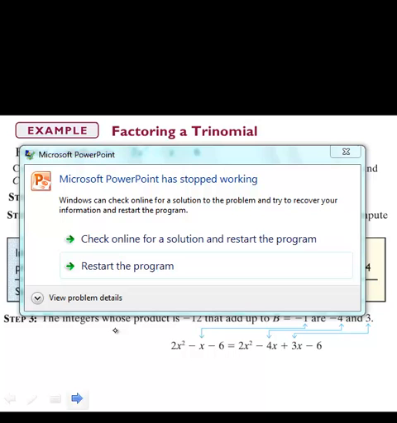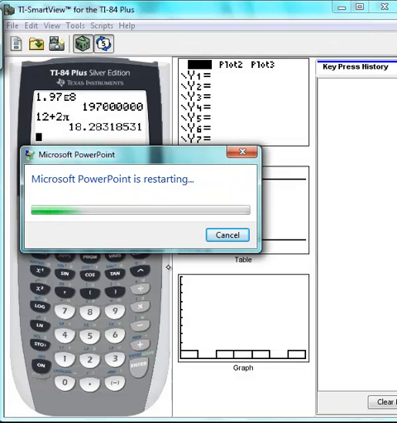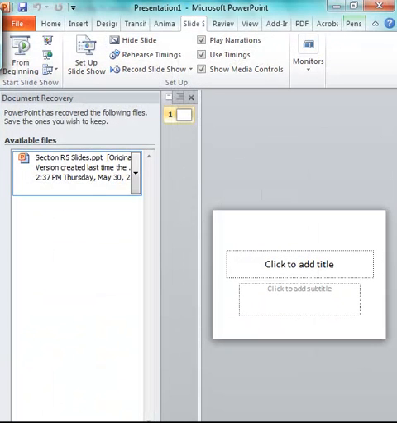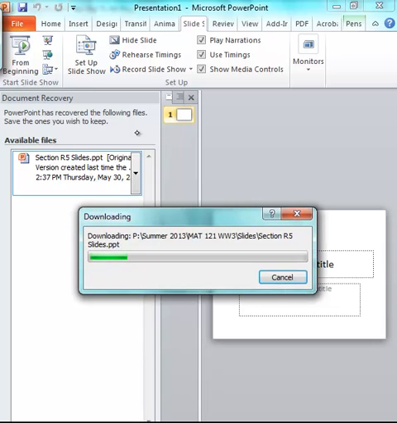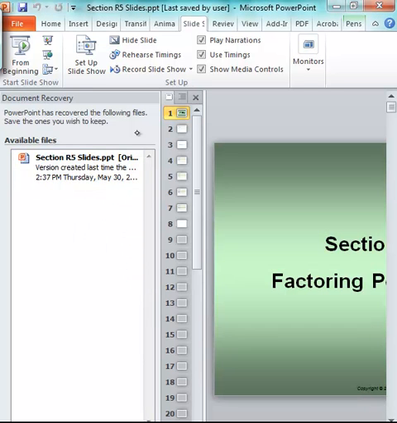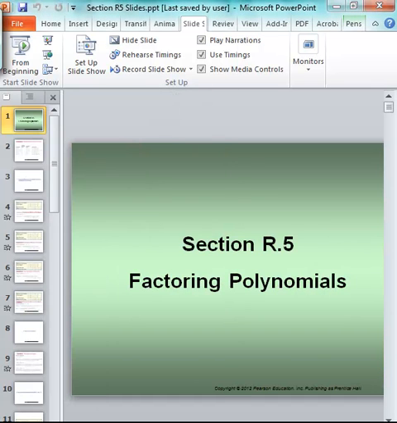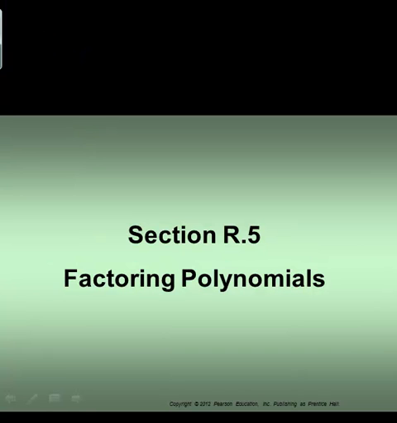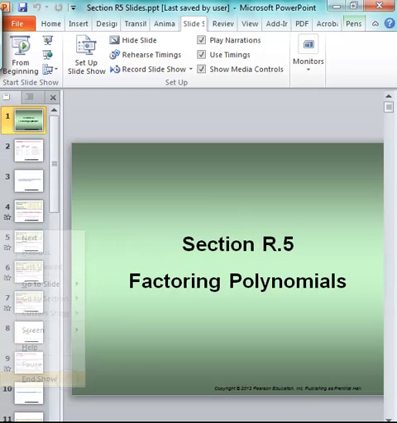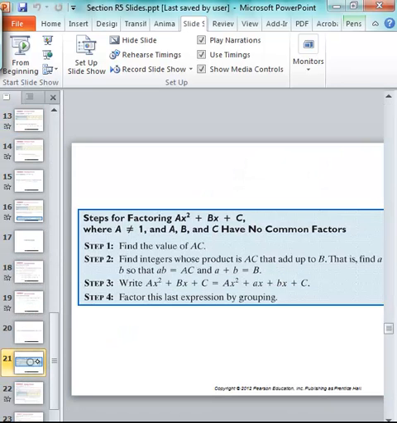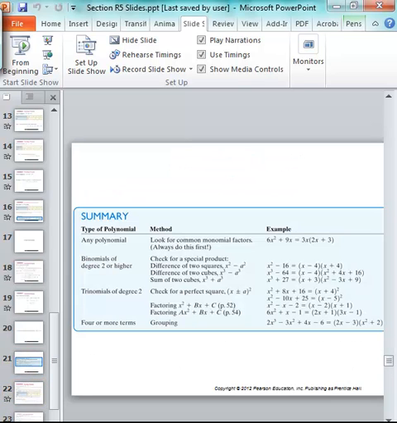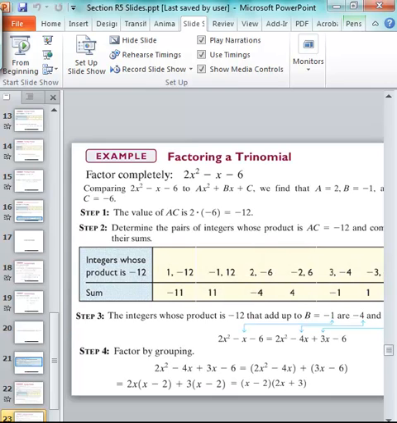I usually like to maintain my ink annotations. Sorry, it looks like PowerPoint's having a problem here. And it looks to be at the same point as last time. I don't know what's going on with it. I'm using a tablet PC. And once in a while I've had troubles with this. Let me just go ahead and skip to this next slide right here.